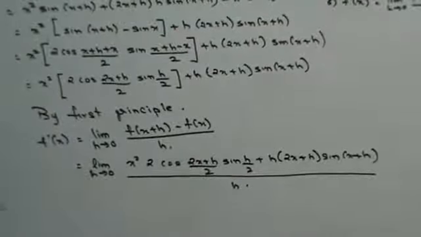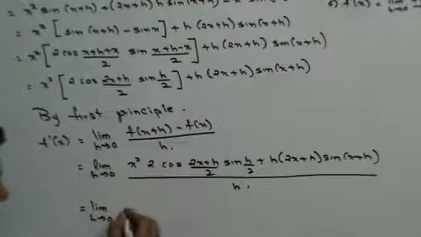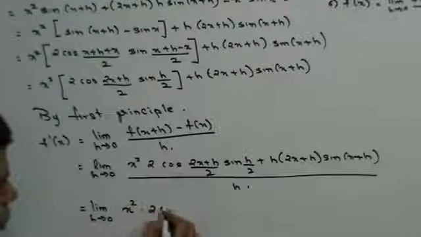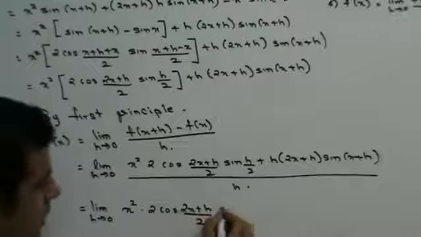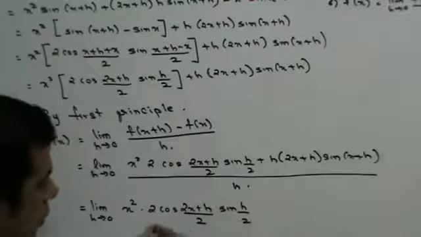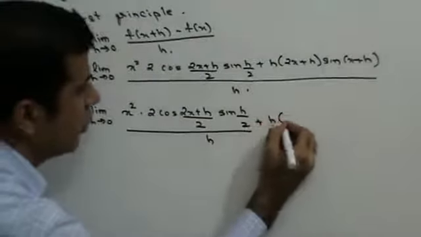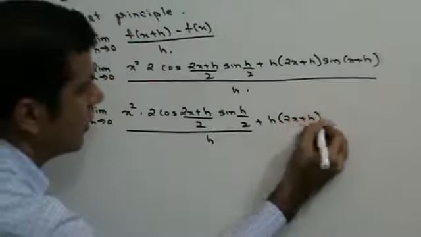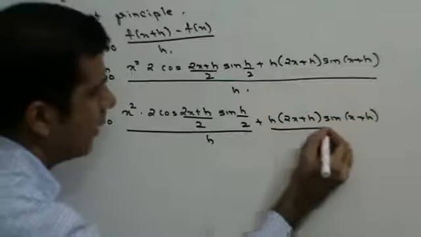Split the numerator, so this will be limit of h tends to 0, x square 2 cos((2x plus h)/2) sin(h/2) upon h, plus h(2x plus h) sin(x plus h) upon h.